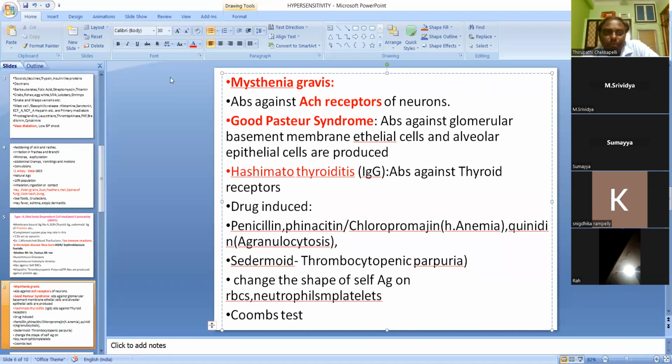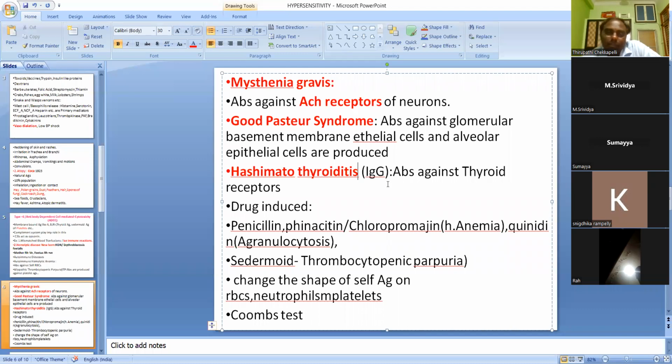And then Hashimoto thyroiditis, we saw this earlier. So the name itself is indicating that it is related to the thyroid gland. So TSH receptor structure is changed, which are present on the cell membrane of the thyroid cells.